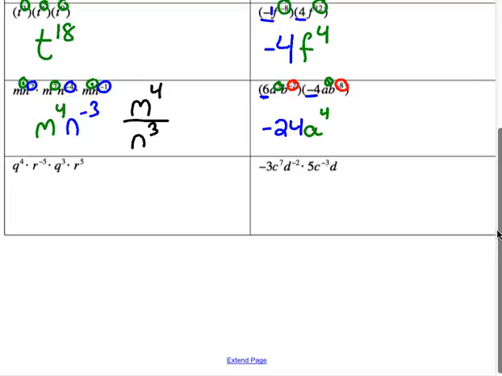Negative 2 plus negative 8, or basically negative 2 minus 8 more, is a negative 10. And just to clean this up a little bit now, the negative 24 is just fine. Remember, it's a negative number, not a negative exponent. A to the 4 is just fine. But b to the negative 10, that has a negative exponent. That's the one with the bad attitude, so it needs to move to get a better one.